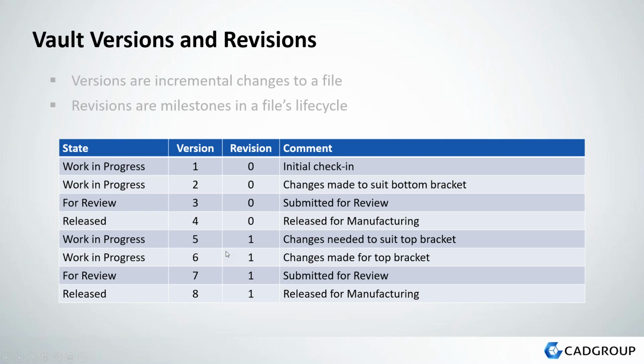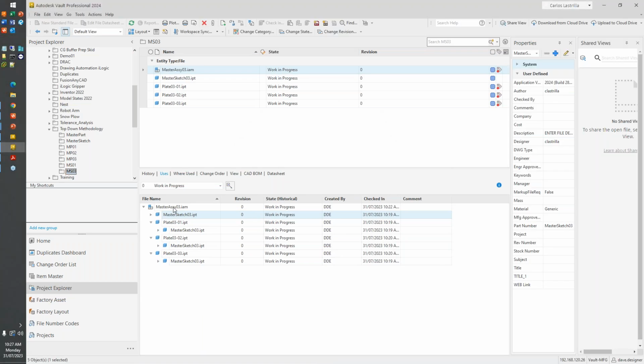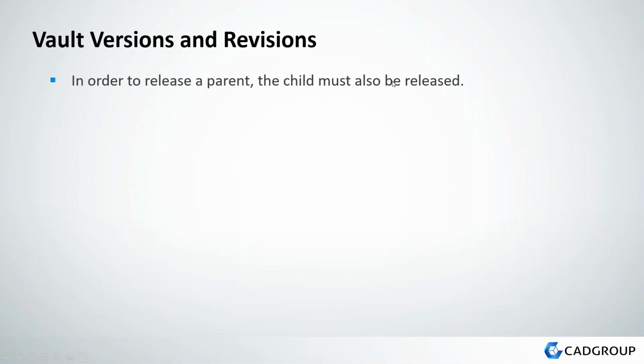Okay, so that's for one single file. Now, what Vault also does is that in order to release a parent, and when we talk about parent, for example, Master 03 is a parent, Master Sketch 03 is a child, the child must also be released either beforehand or in that same process.